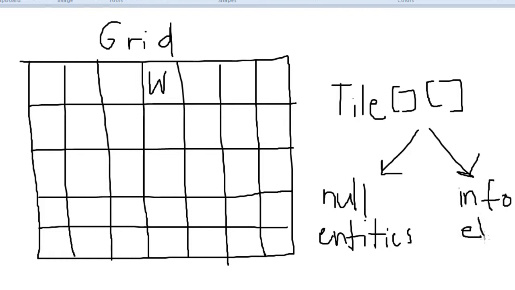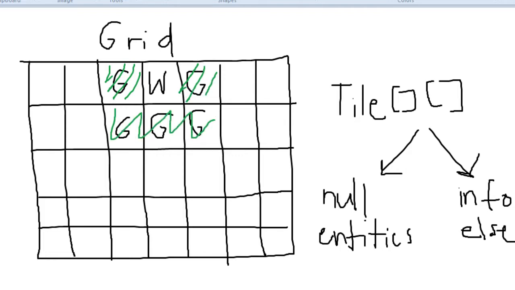For example, in my tile array, say everything else is grass, and it has no interesting features. It's just grass. Maybe I'll color it in with some green. And my water will be animated, so it'll change every couple seconds or something. I'll put two colors there to denote it.